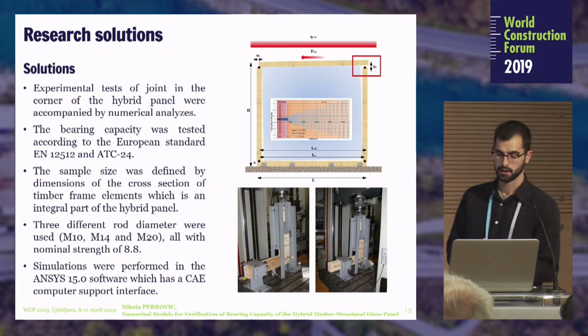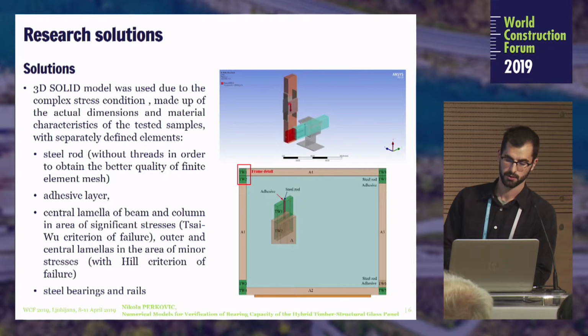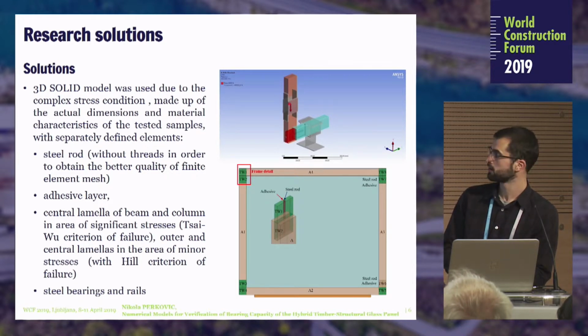After we obtained some data and results, we did some simulation, and they were performed in ANSYS, which I will show you in this slide. So how it goes? We first made a 3D solid model of just the corner, with all the materials and characteristics of the real panel.